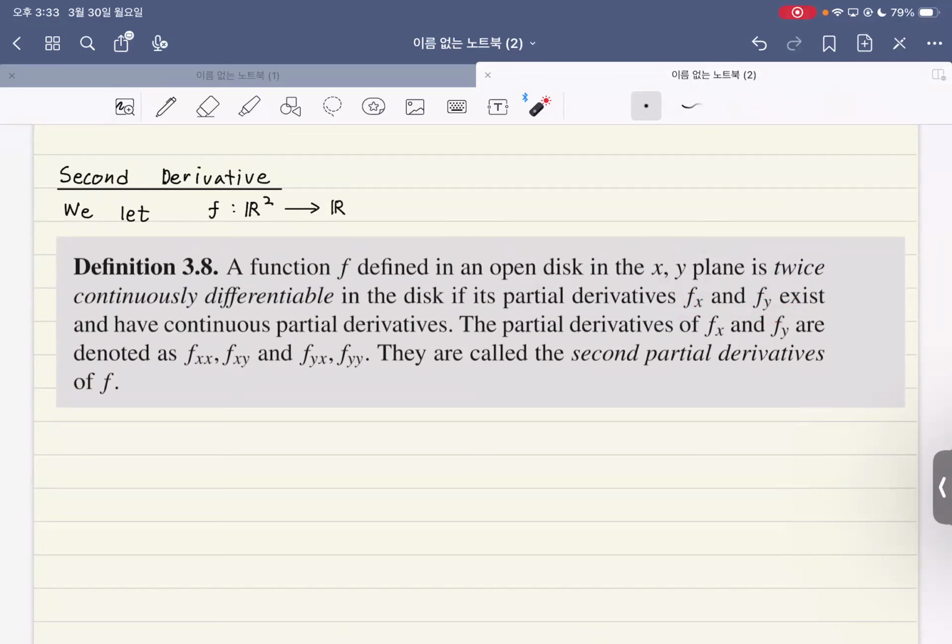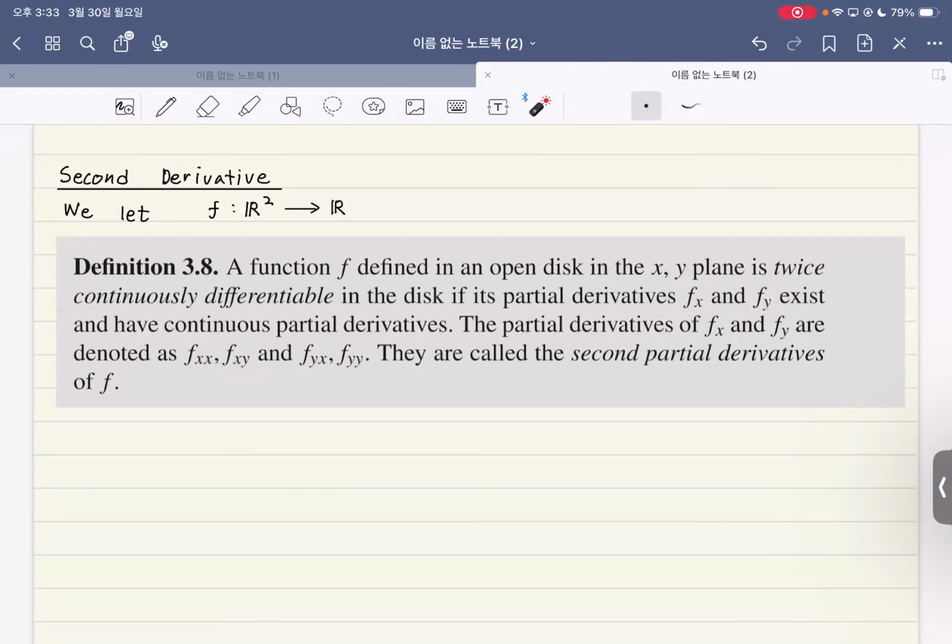Then moreover, let us assume that these two are still continuously differentiable functions. Then this one can have its own partial derivatives, and this one will also have its own partial derivatives. Therefore, the partial derivatives of these two are denoted as f_xx, f_xy, f_yx, f_yy.